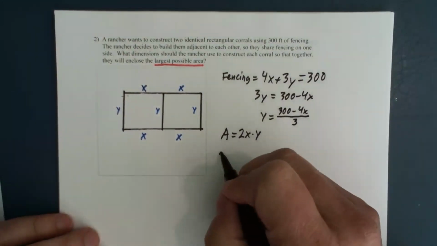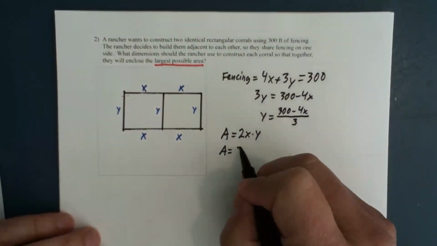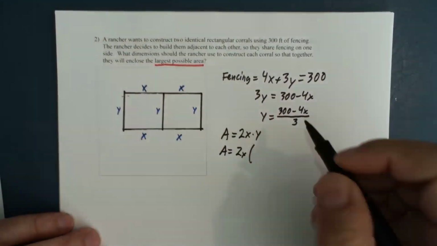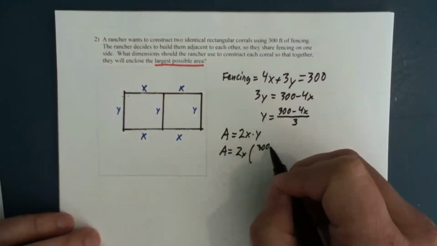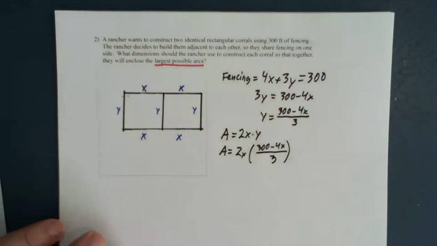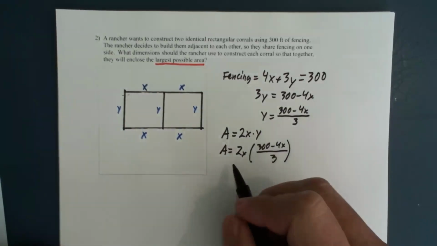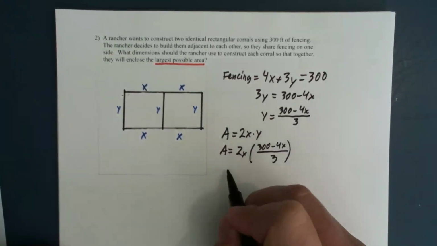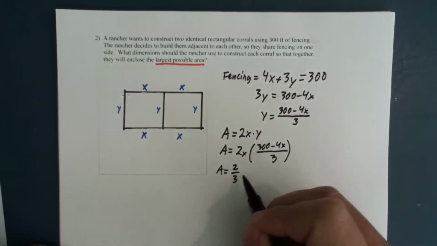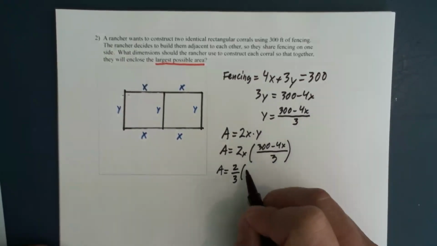And of course, our area is 2x times y, which in this case is 300 minus 4x over 3. And I'm going to try to simplify this up a little bit. And I'm going to pull out the 2/3. And I'm going to distribute the x.